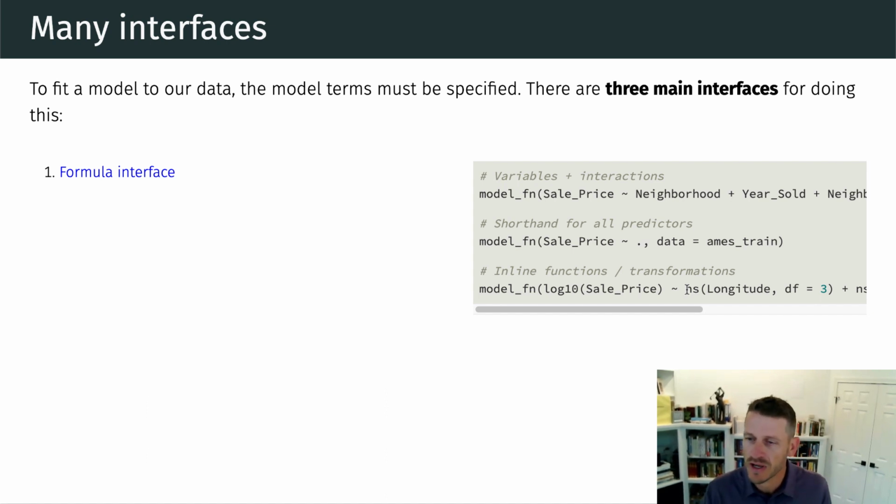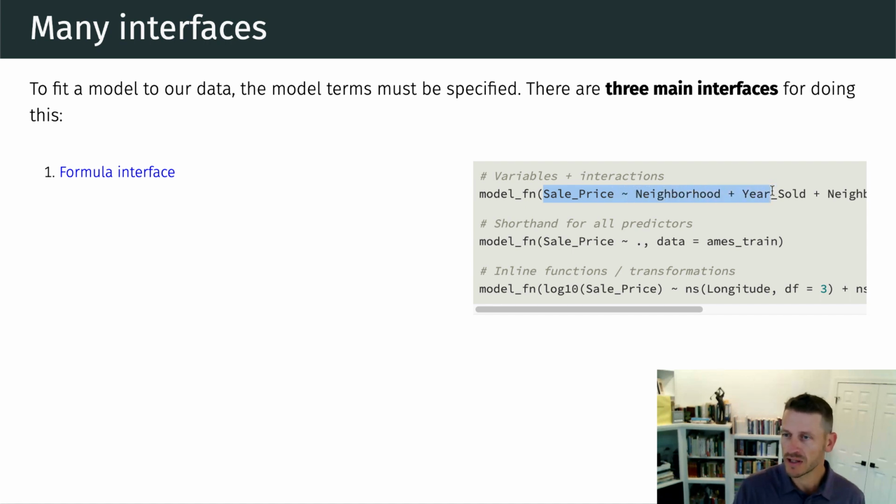What this is actually doing is called feature engineering, and we'll see better ways of implementing feature engineering. So this type of interface, where we have the response variable, tilde, and then the predictor variables, is called the formula interface. We're just saying we have some target variable that is a function of the predictor variables of interest.